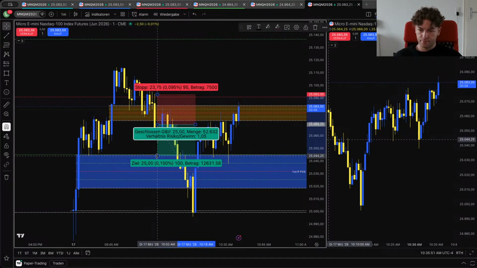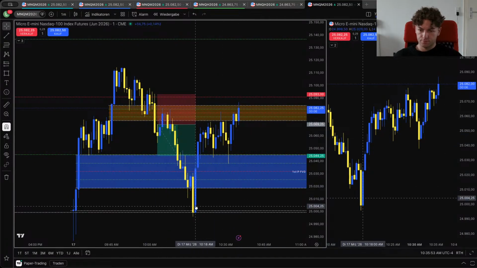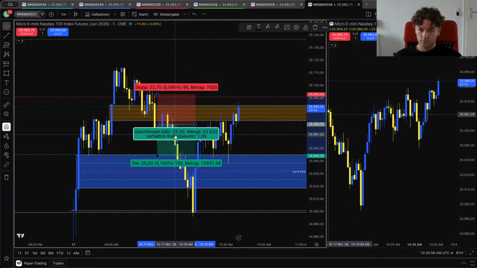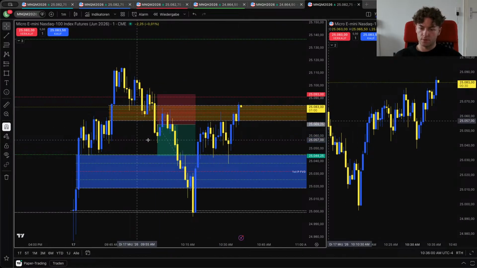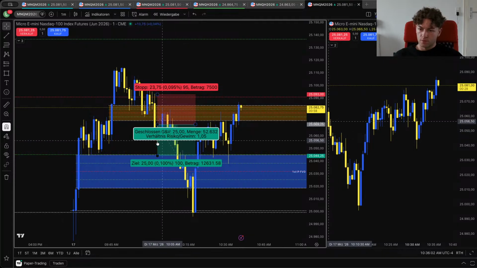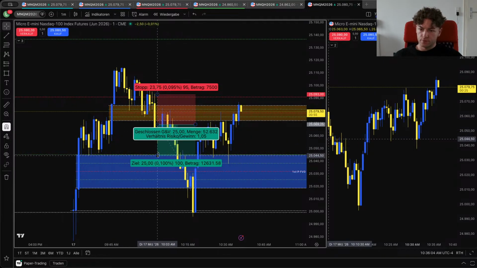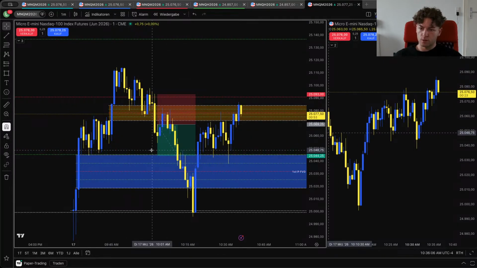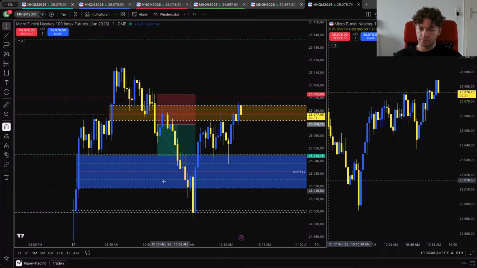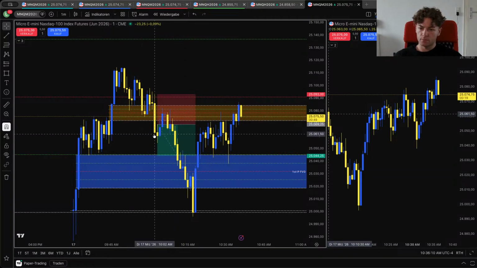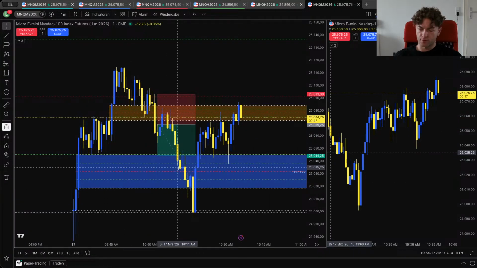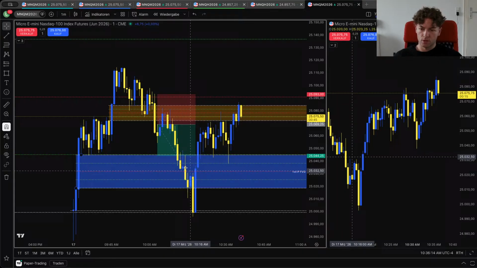So yeah, that's a valid short. Now it would have been up to you if or how long you were willing to hold on to the trade. But it could have also used this first percent fair value gap to reverse from here and go higher.